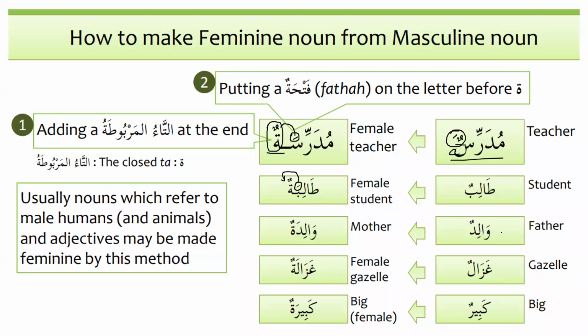Similarly, we have walidun, father, and mother is walidatun. Also, we use the word ummun and also walidatun. And then we have ghazalun, and female will be ghazalatun. And similarly, we have kabirun, and the feminine will be kabiratun. Kabirun and kabiratun. So this is one of the ways of making feminine from masculine nouns or from masculine adjectives.